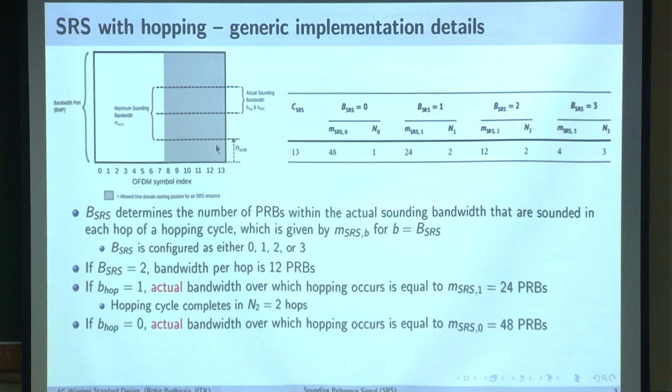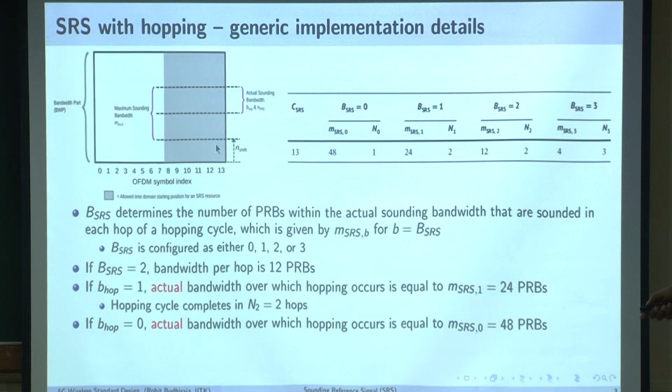Now if I set B hop as 0, what will happen? The actual bandwidth is now equal to the maximum bandwidth, so you are sounding out the maximum bandwidth.